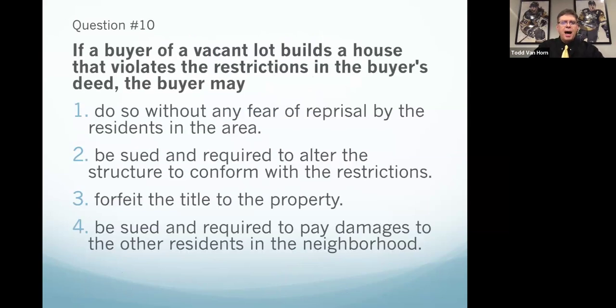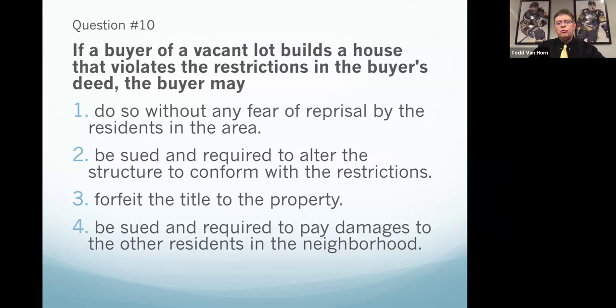Question number 10. If a buyer of a vacant lot builds a house that violates the restrictions in the buyer's deed, the buyer may, number 1, do so without any fear of reprisal by the residents in the area, number 2, be sued and required to alter the structure to conform with the restrictions. Number 3, forfeit the title to the property.